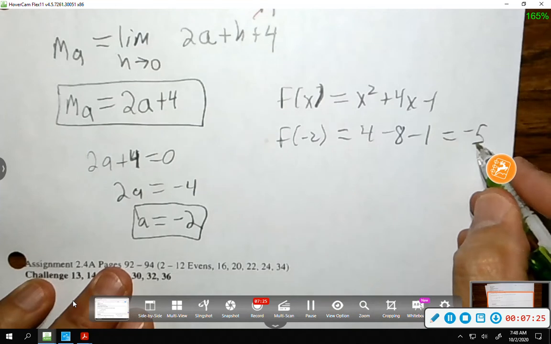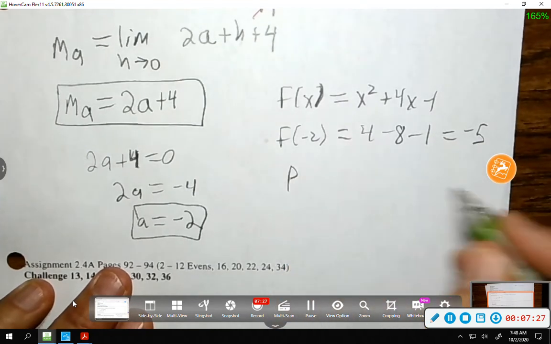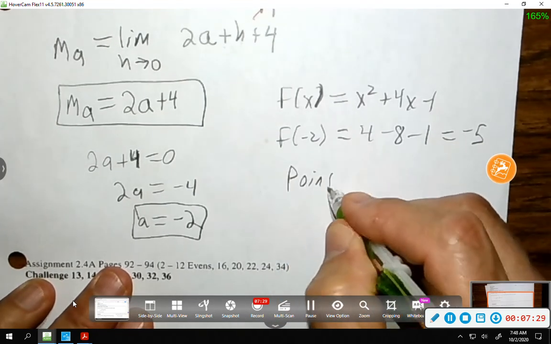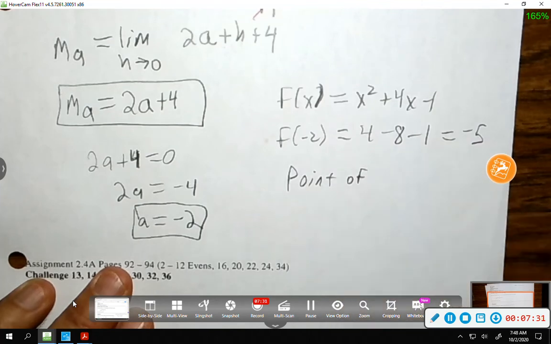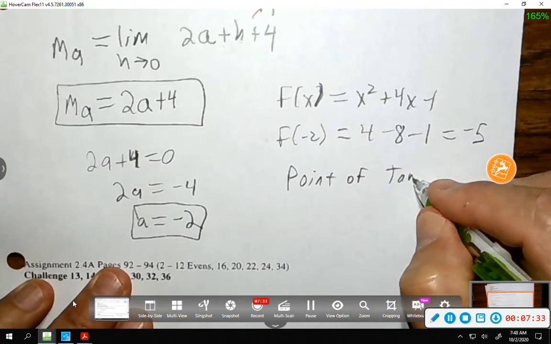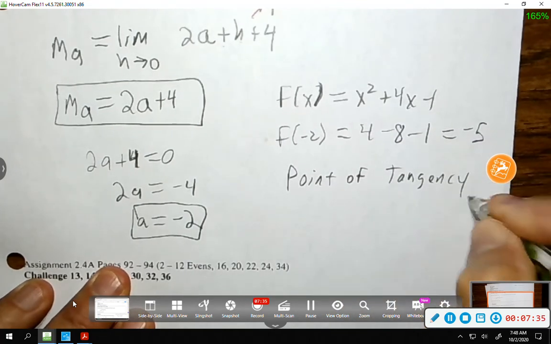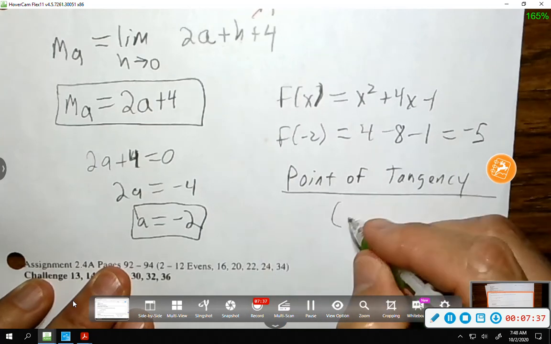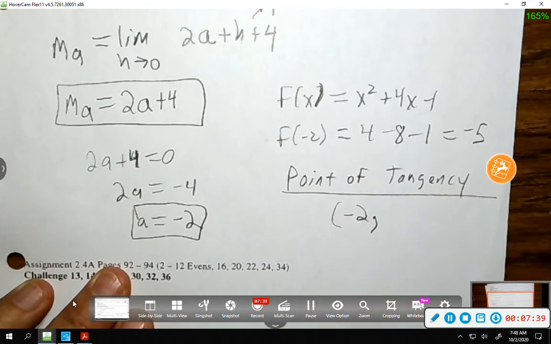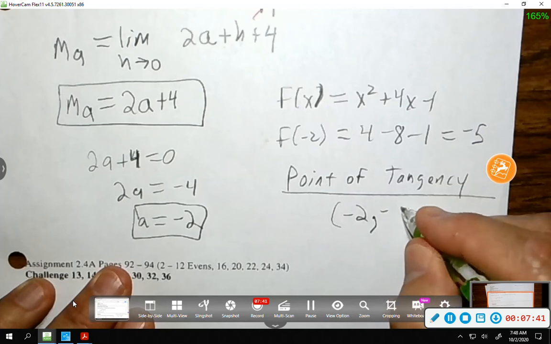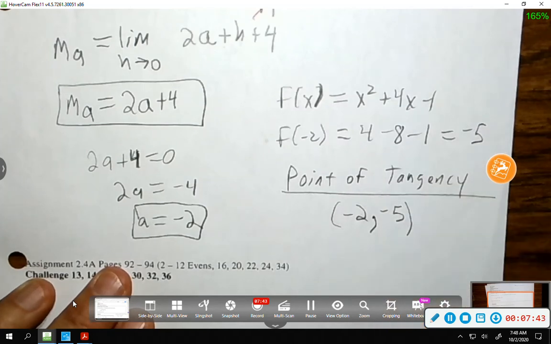So the y-coordinate is -5. So the point of tangency, where we have a horizontal tangent line, is the point -2, -5. Okay?